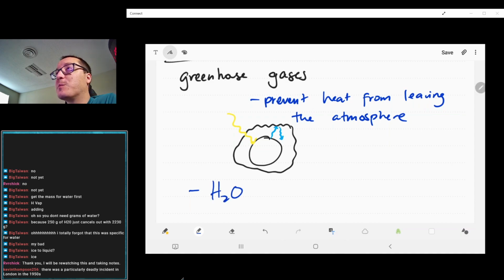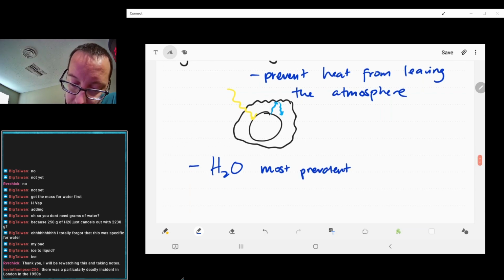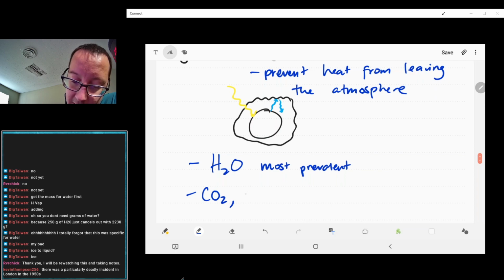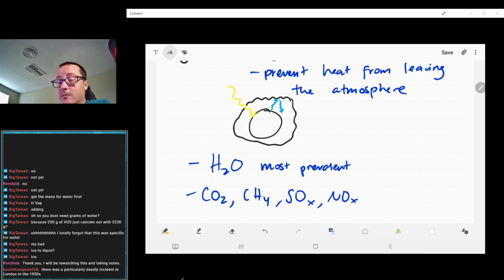Water is our most prevalent greenhouse gas. There are many others. Carbon dioxide, methane, for example, are also very common ones. Also, our SOx and NOx are going to be greenhouse gases as well.